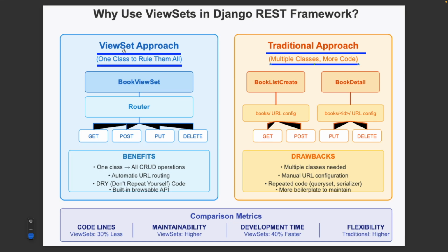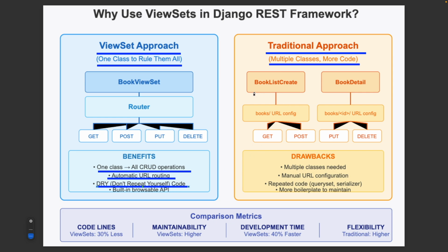So in this ViewSet example, we're going to create a book model, and the router automatically gives all the views. Later we will see the actual example in the code. It uses one class to create all the CRUD operations, and also automatic routing, and keeps very little code right here.